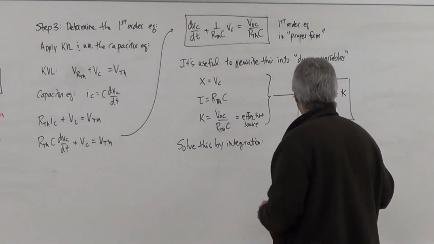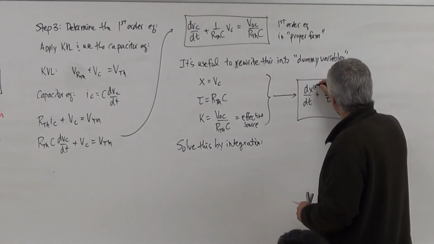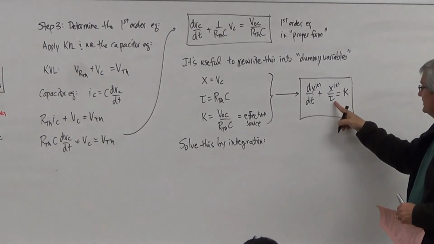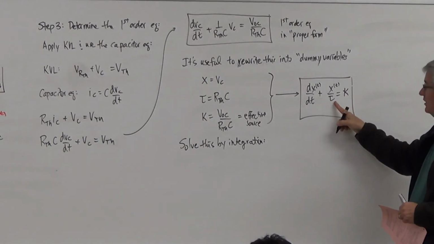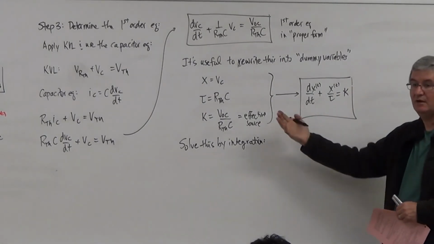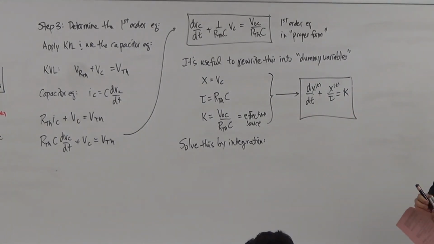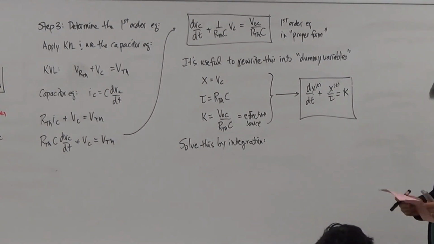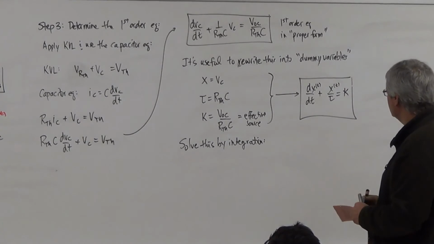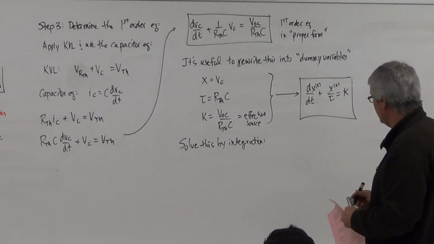So what we can remember here is that x is a function of time, k is a constant, tau is a constant. So all I'm going to do here is isolate the x's on one side and everything else on the other side. And that's what we typically do. So the first thing that I'll do is manipulate this guy a little bit.